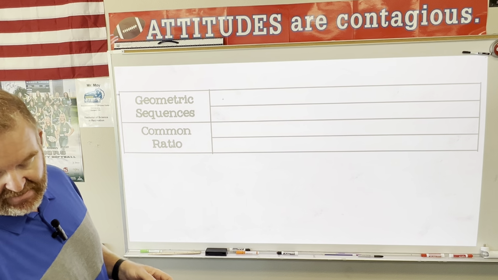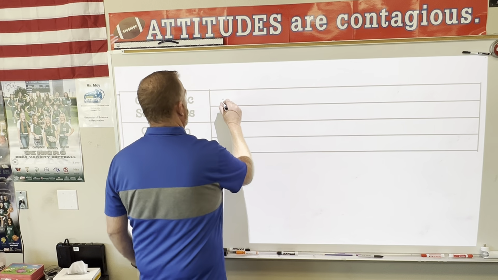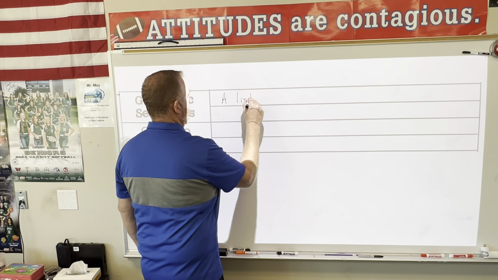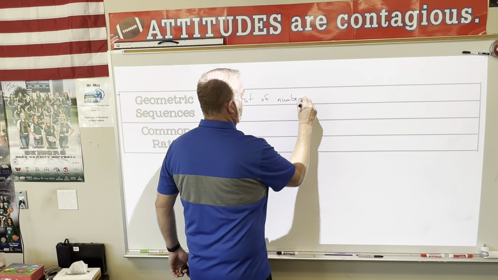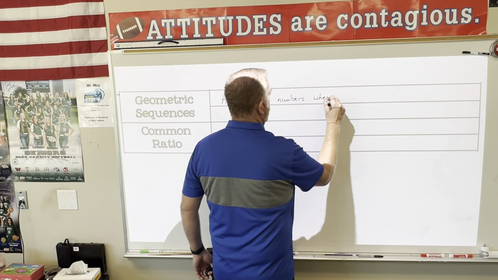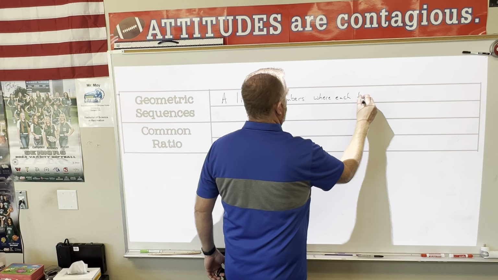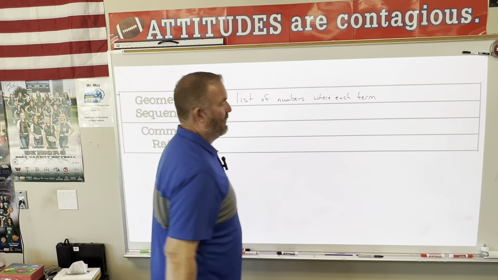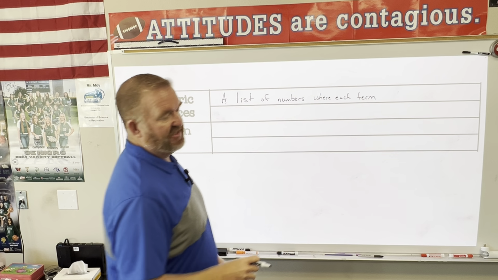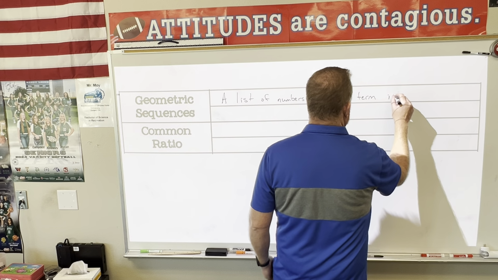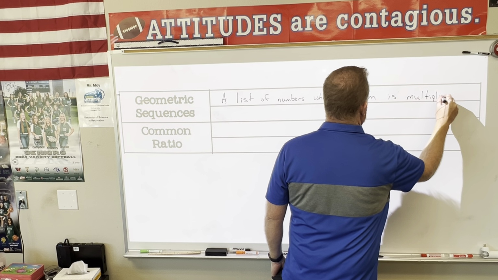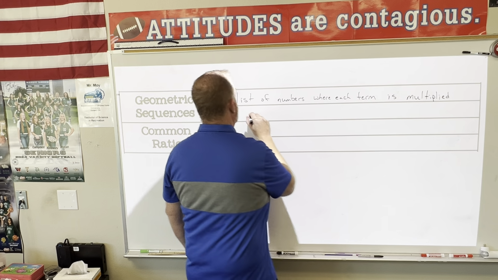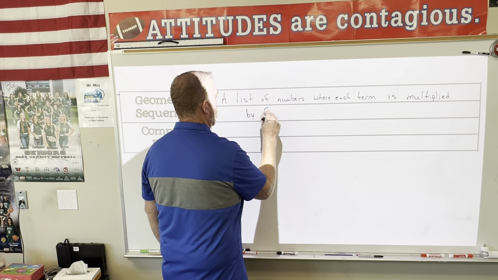Geometric sequences: a list of numbers where each term is multiplied. There's the key, multiplied by a fixed, non-zero number.